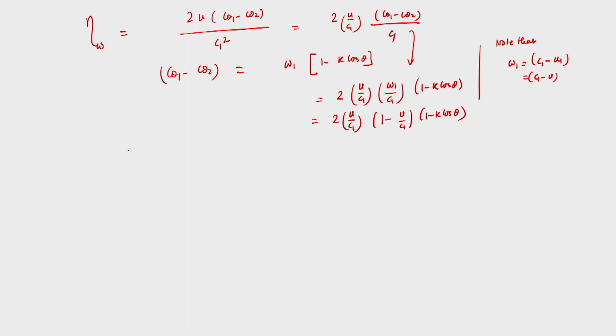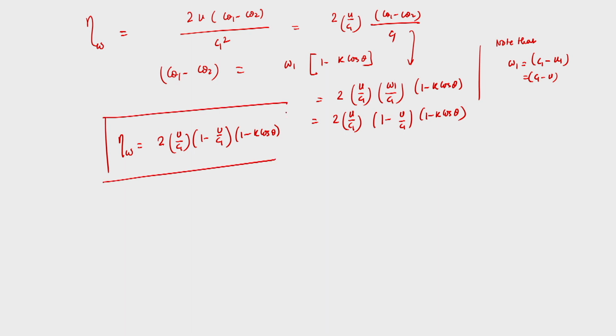So this is the wheel efficiency eta w: eta w is equal to twice u by c1 into (1 minus u by c1) into (1 minus k cos theta). This is the mathematical expression for the wheel efficiency.